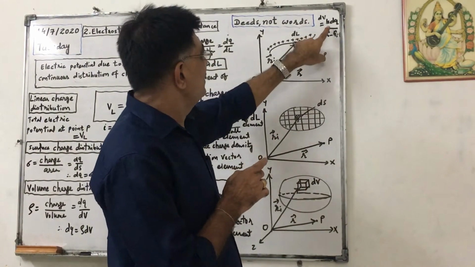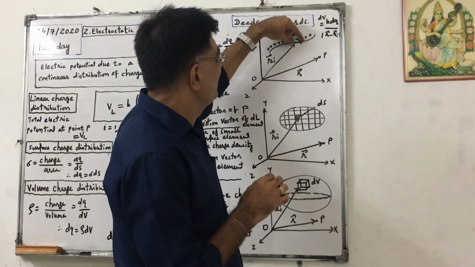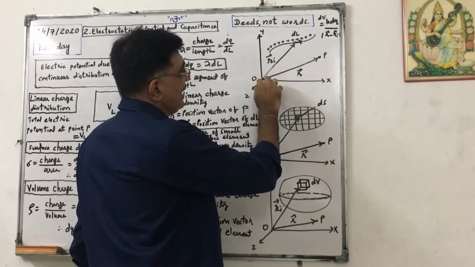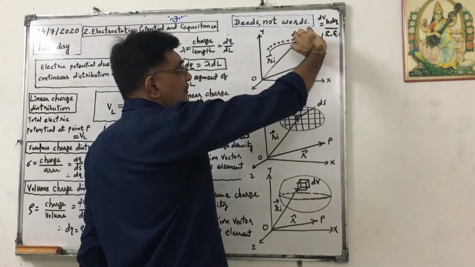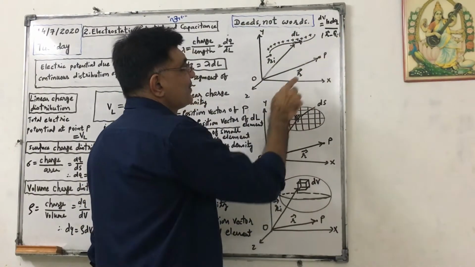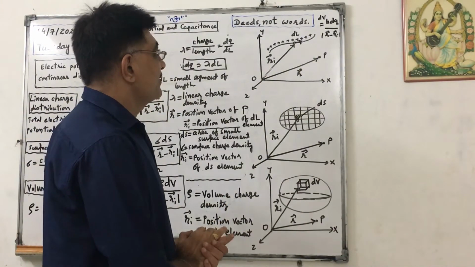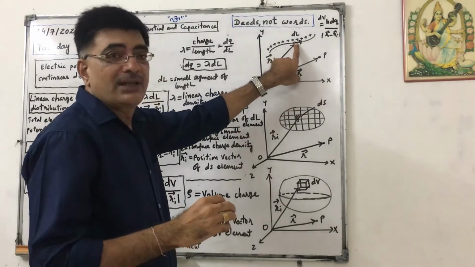So here it is k into the charge inside this small element of length, dq, upon this distance. Now we know that Ri plus this vector will give us r, so r minus Ri will give this vector, and the mod of it will give the distance. So mod of r minus Ri. That is the electric potential at P due to this small element of length.